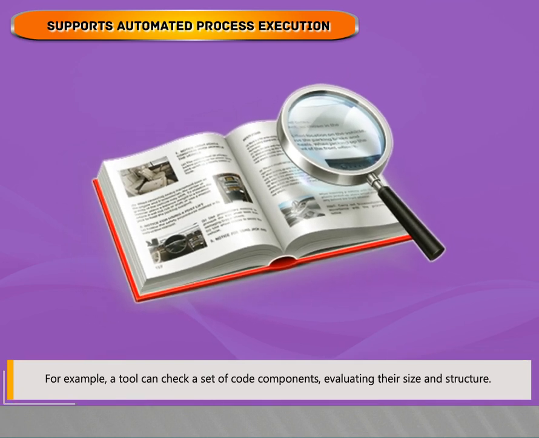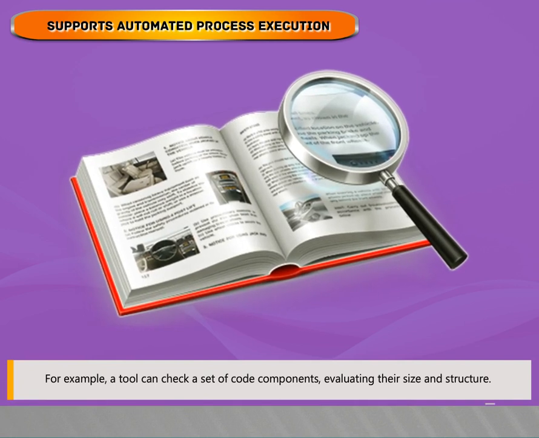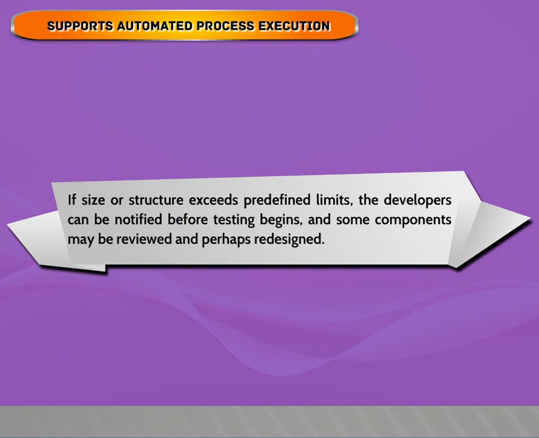For example, a tool can check a set of code components, evaluating their size and structure. If size or structure exceeds predefined limits, the developers can be notified before testing begins, and some components may be reviewed and perhaps redesigned.